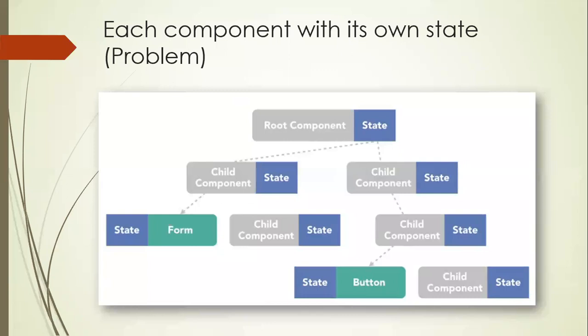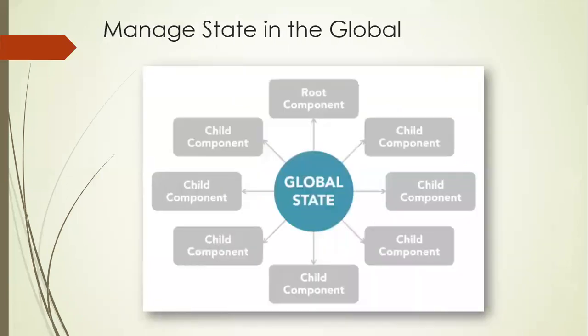So the best solution is to manage the state globally. You take the state out of every component and keep it in one centralized location, called global, some central location. See, state everywhere is a problem, right? So you keep the state in the global location, and everybody can access it.